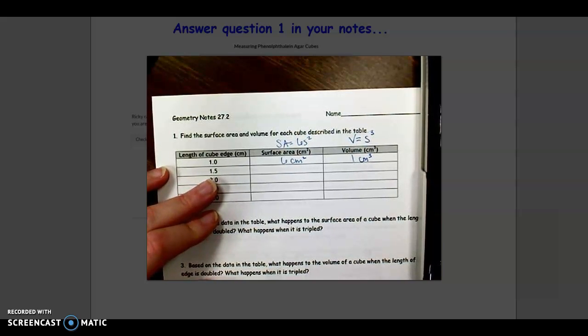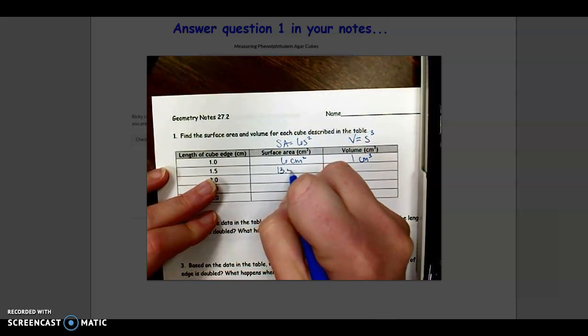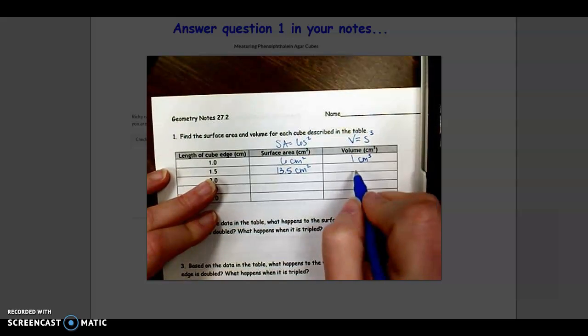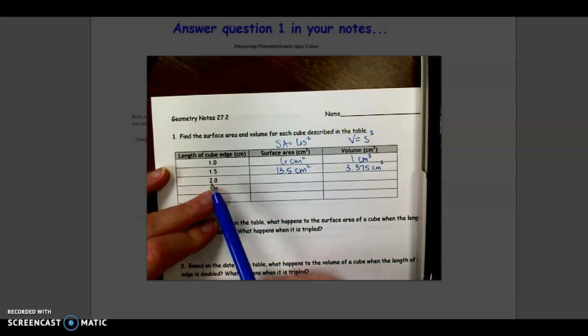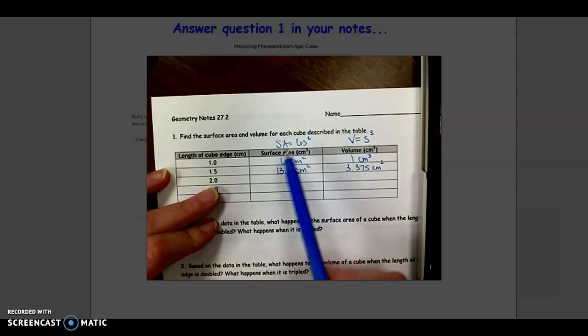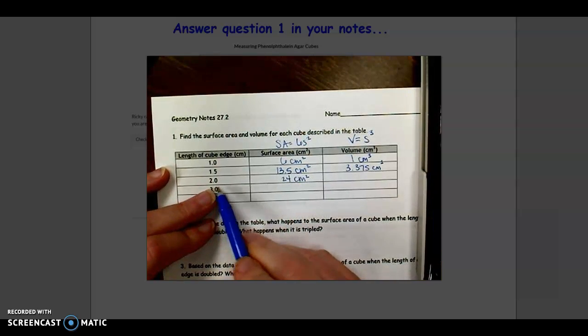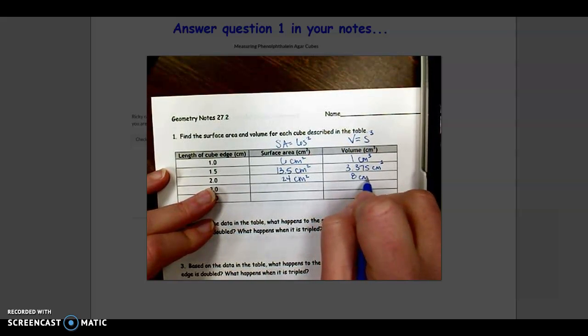For 1.5, we need to square 1.5 and then multiply it by 6, and so we get a surface area of 13.5 square centimeters. For the volume, we need to do 1.5 to the third power, which gives us 3.375 cubic centimeters. For a side length of 2, 2 squared is 4, times 6 is 24 square centimeters, whereas 2 cubed would be 8 cubic centimeters.